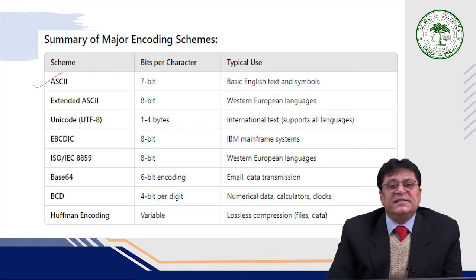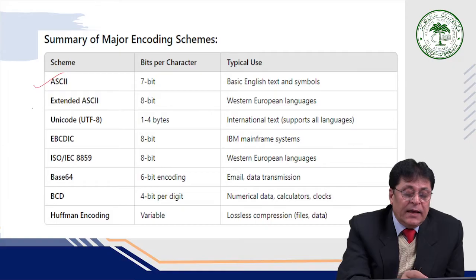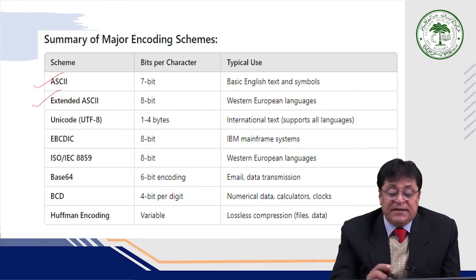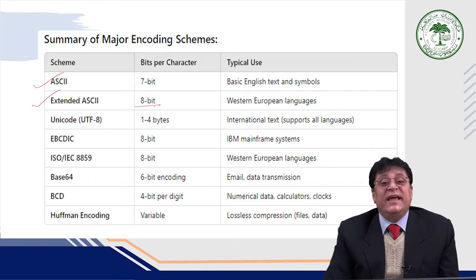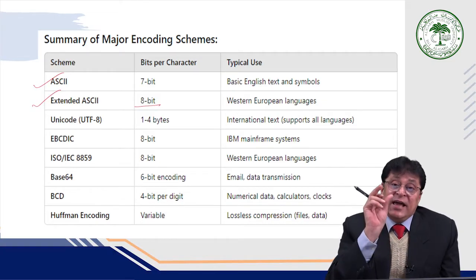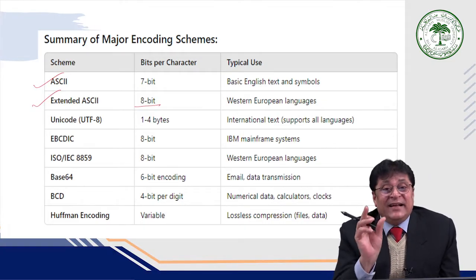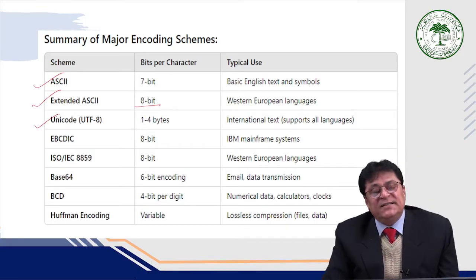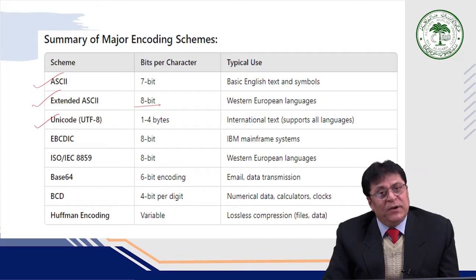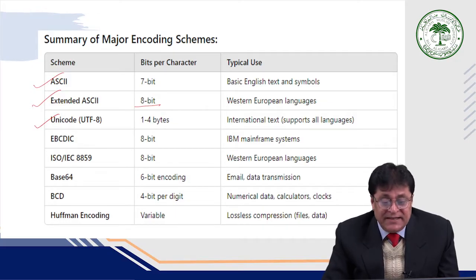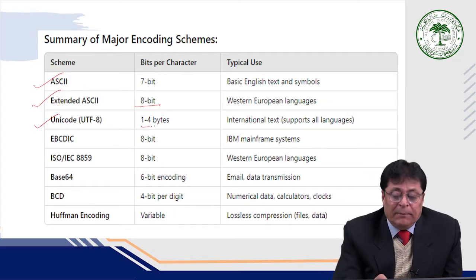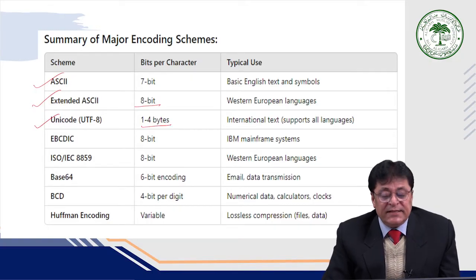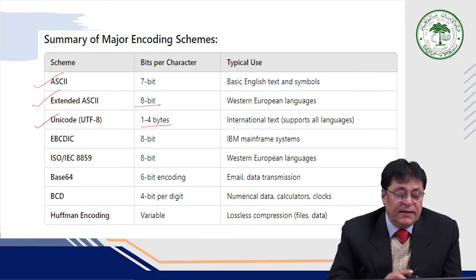ASCII we discussed, which is 7-bit. A variation of ASCII is known as extended ASCII, which uses 8 bits per character, meaning to represent one character, 8 bits are used. Unicode, as we discussed, uses variable length bits or bytes. For UTF-8, it uses 1 to 4 bytes.